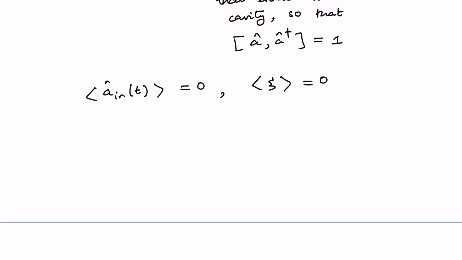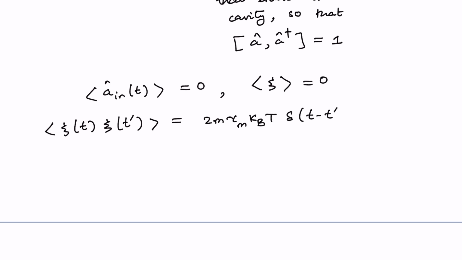They satisfy correlation functions: the average of xi at time t and xi at time t dash is equal to twice m gamma m kB T delta of t minus t dash.